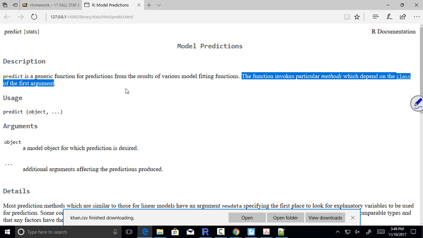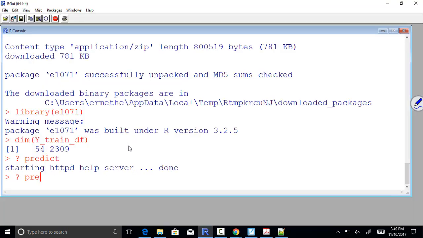So this is not actually all that useful for our script right now. What I would rather see is the help file that is specific to naive Bayes. With a function like predict that has a general representation and specific meaning for different object classes, you can find the help file by saying ?, generic function name, dot, the name of the class that you want to apply it to.